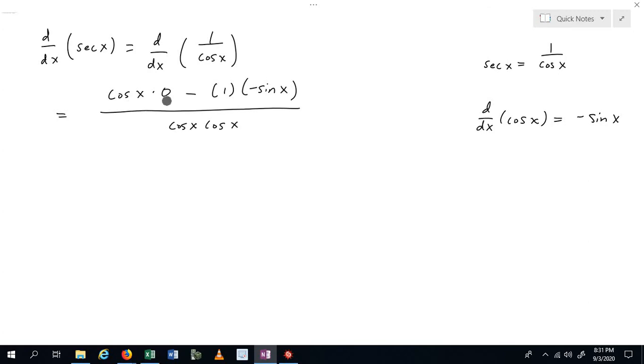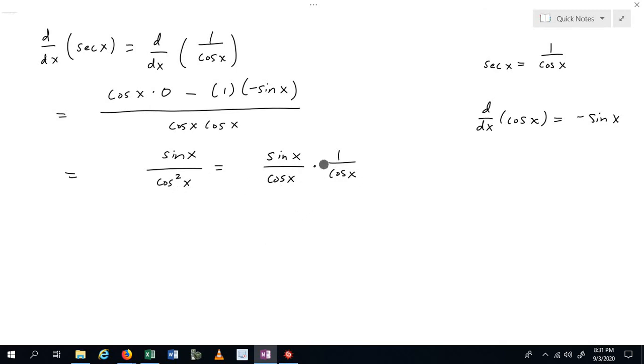Okay, so low, derivative of high, minus high, derivative of the low over low times low. Okay, and of course you get 0 minus, actually plus, right? A minus times a minus is a plus. So you get 0 plus sine of x on the top, and that's all divided by cosine squared. Okay, and let's write this as sine of x over cosine x times 1 over cosine of x.